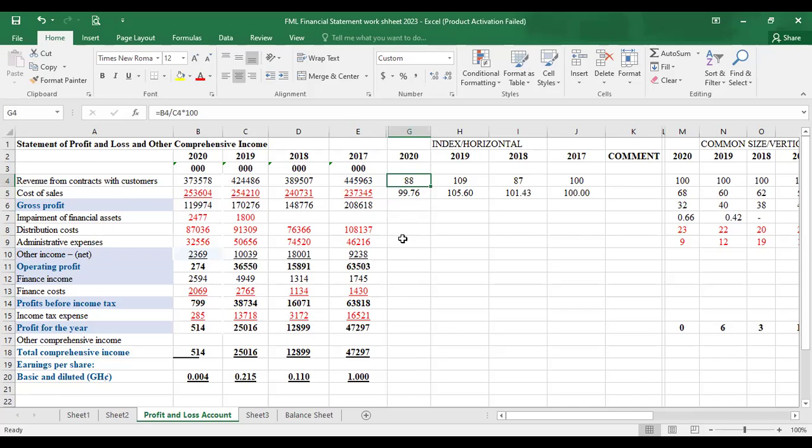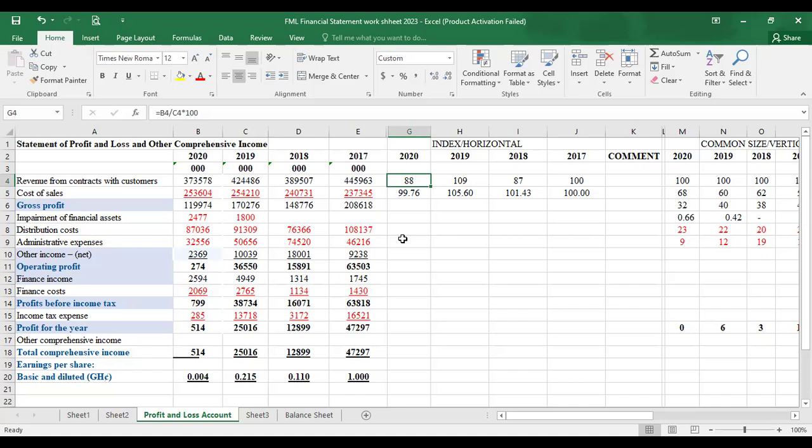If we all remember what happened in 2020. Please, I can't hear you. I said one of you was asking why the cost of sales is accounting for a big part of the revenue when we did a common size.